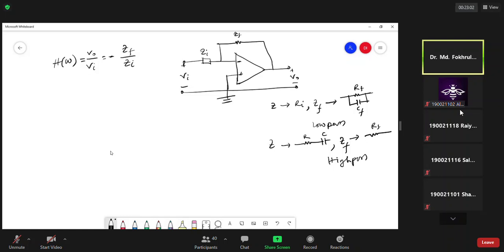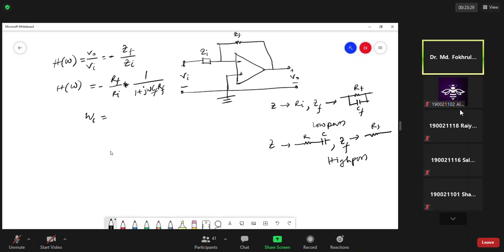If you simplify it, you will have H(ω) equals minus Rf by Ri into 1 over 1 plus jω Cf Rf. And also you can find the corner frequency ωc.